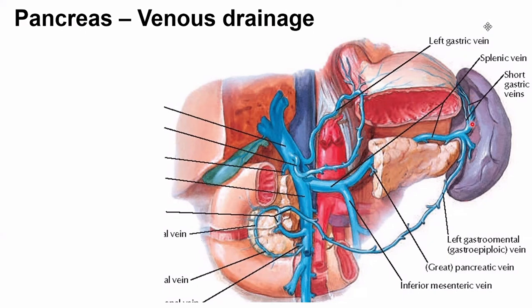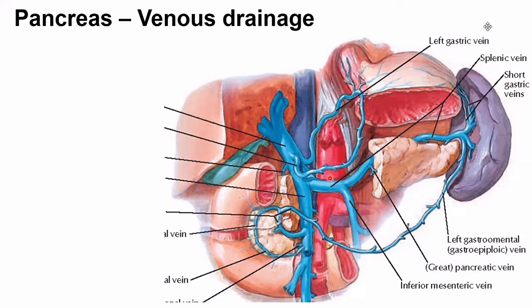Just imagine, no, the portal vein. I mean the portal circulation. This portal vein receives the big splenic vein, and this big splenic vein has its tributaries. The inferior mesenteric vein drains most of the large intestine.